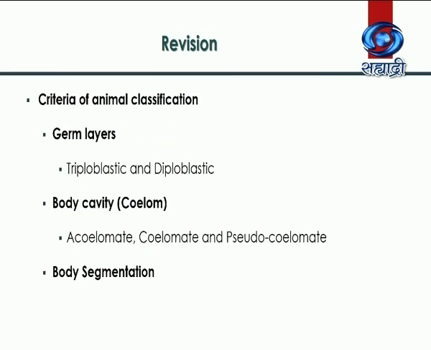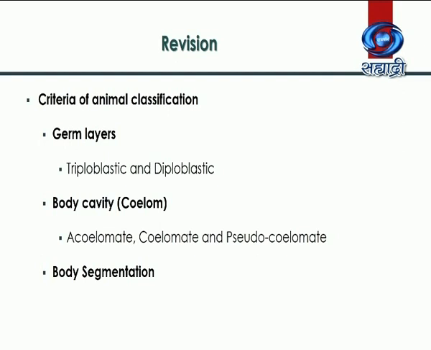The third criteria of animal classification was germinal layers. In all, 3 germ layers are there: ectoderm, endoderm, mesoderm. Ectoderm is the outer layer, endoderm is the inner layer, whereas mesoderm is the middle layer.